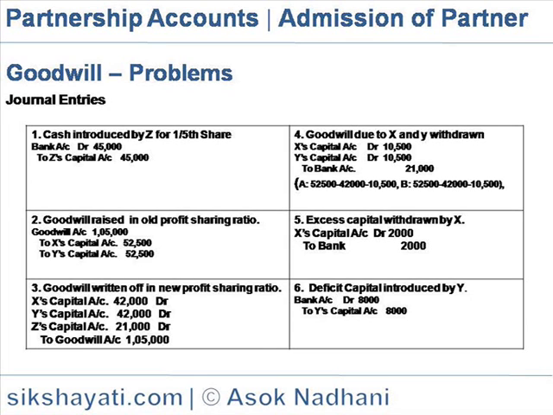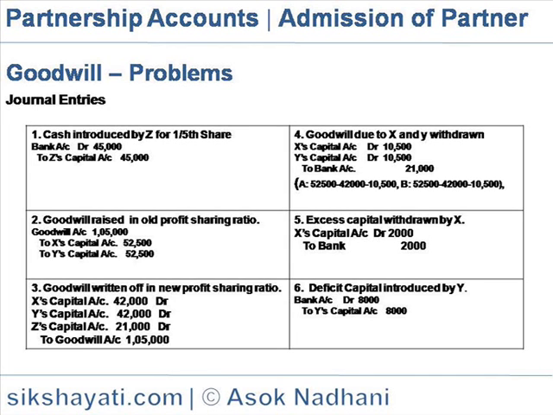Goodwill is written off to all the partners in the new profit sharing ratio. So 1,05,000 will go to X's capital account 42,000, Y's 42,000 and Z's 21,000. The calculation is shown earlier. Now the goodwill due to Z is withdrawn by X and Y, so X gets 10,500 and Y gets 10,500.